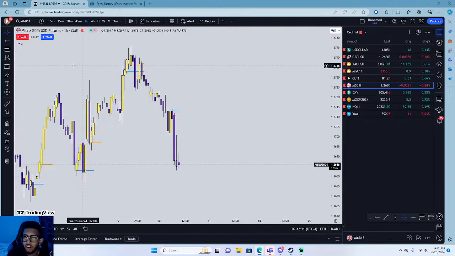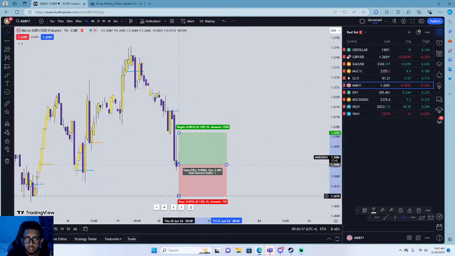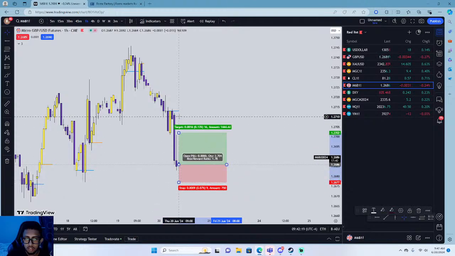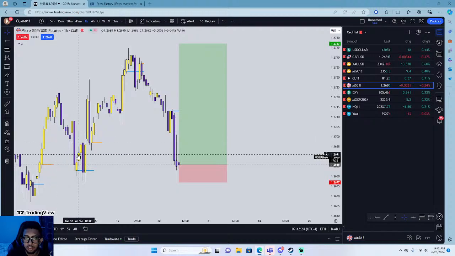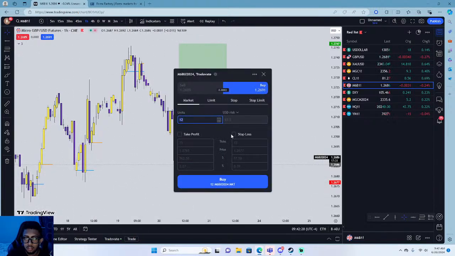We're going to want to set our stop preferably like this. Potential 1 to 6 position right here. I'm going to keep it light risk as well. Not too heavy risk.